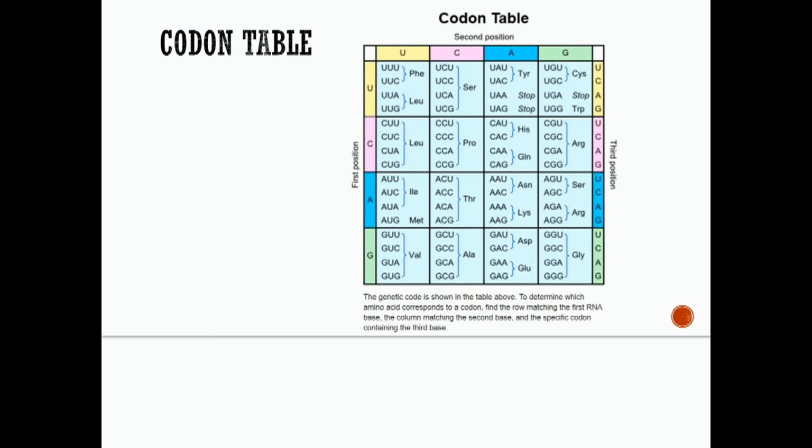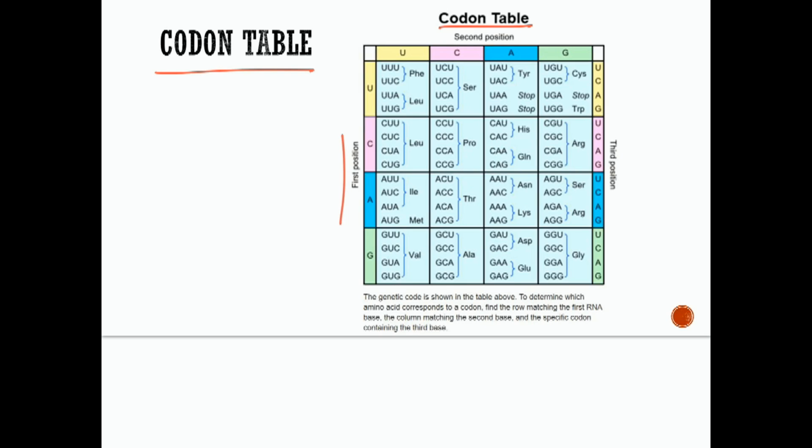How exactly does a sequence of nucleotides result in a chain of specific amino acids? Well, the answer lies in the genetic code in the codon table, which determines which amino acids correspond with these 3 base codons. To determine which amino acid corresponds to a codon, find the row matching the first RNA base, the column matching the second base, and then the specific codon containing the third base.